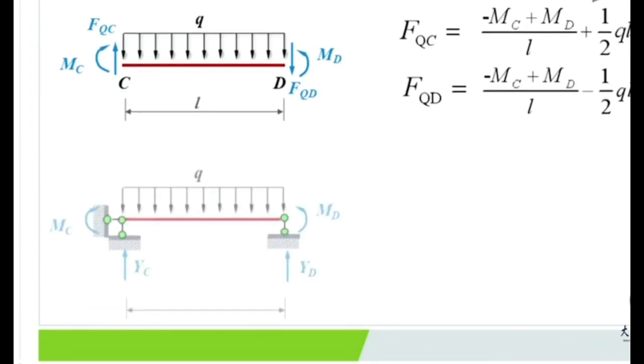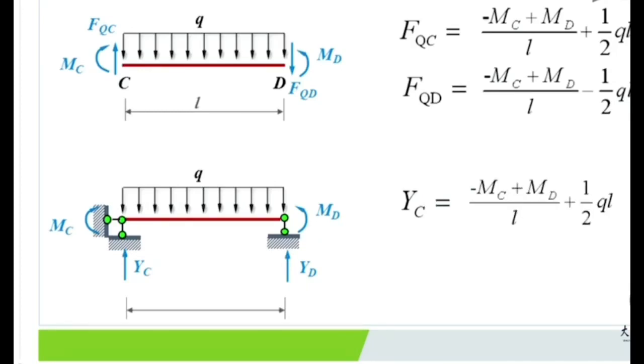For the simply supported beam, we could also solve its reactions YC and YD by using the equilibrium condition. YC is equal to negative (MC plus MD) over L plus half of qL. That's equal to FQC.